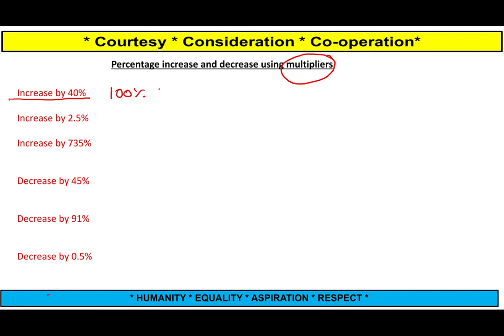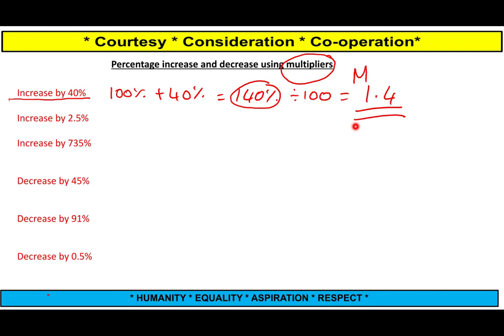Because it's increase, I add 40%, and that gives me 140%. Now I convert this to a decimal. So how do I convert this to a decimal? I divide by 100 to get 1.4. Now guys, this will be my multiplier. Okay, so if I want to increase something by 40%, all I have to do is times it by 1.4.